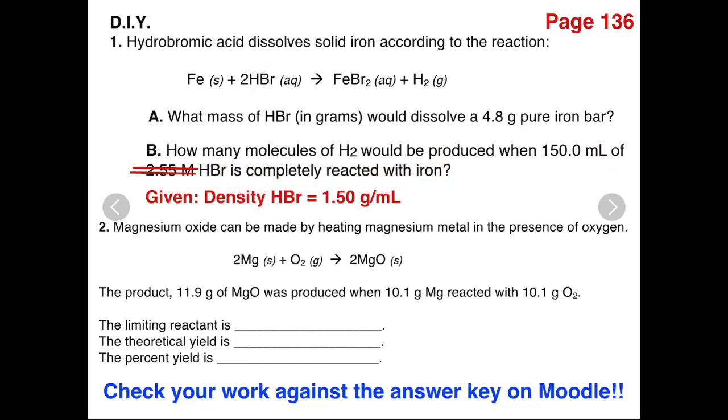So in this case, you will need to use the density to do some calculation as well. Jot down the density of HBr. Cross out that other unit, because you will not learn it until 122. You don't know about this unit yet, so you are going to learn about it in 122. So cross that out, and let's use this density information instead. Again, practice this and then check your answer against the key.